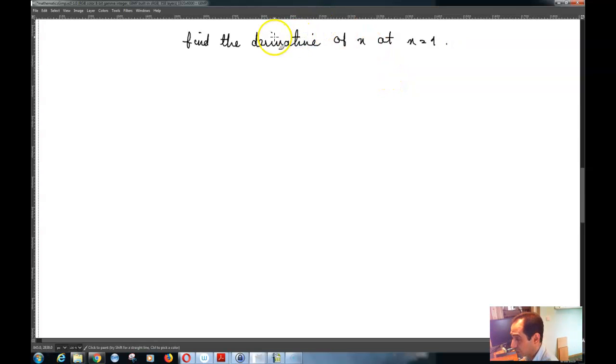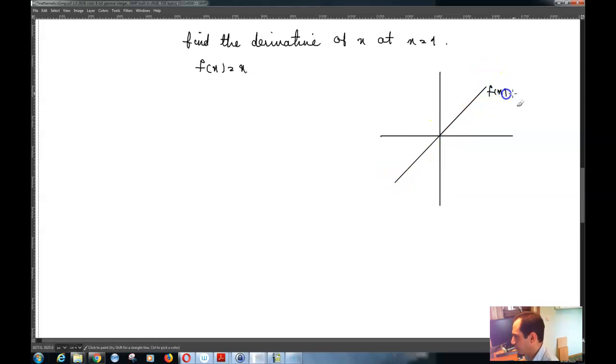Okay, so to find the derivative of x at x is equal to 1, suppose that you have a function f of x is equal to x. So this is just a straight line with slope 1. On this line, the slope everywhere, m, is equal to 1, because it's a straight line.